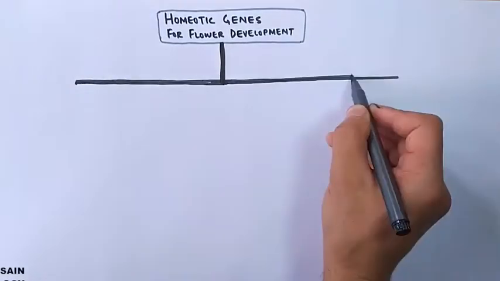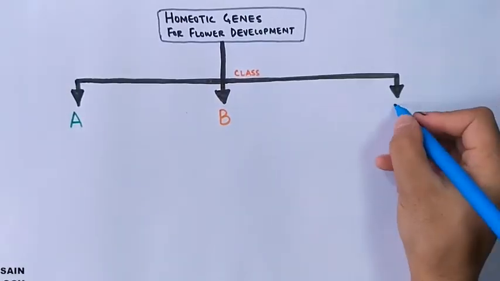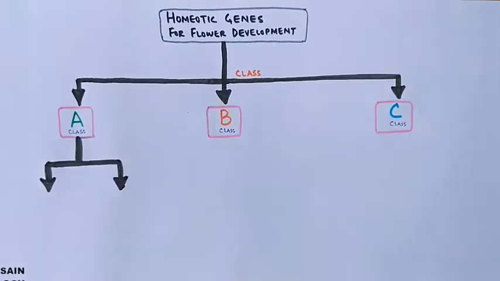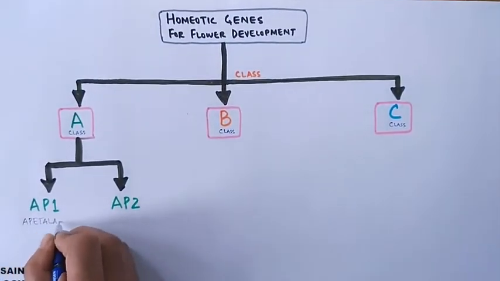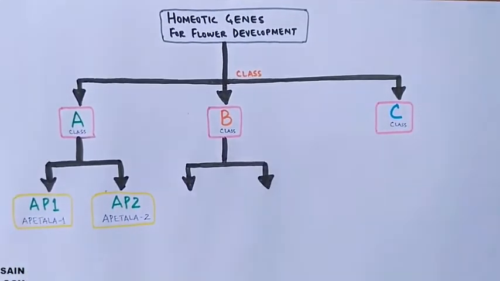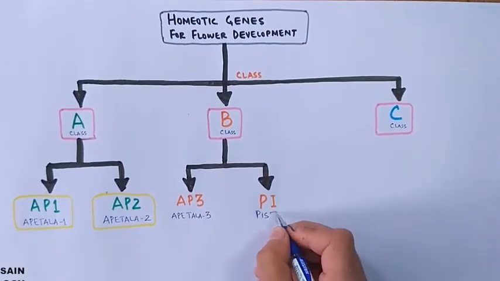We know there are three classes of genes that aid in the flower development, as we have already discussed these. A-class genes, B-class genes and C-class genes. The A-class homeotic genes comprises of two genes, AP1 and AP2, Apetala 1 and Apetala 2. Then B class comprises of also two genes, AP3 and PI, that's Apetala 3 and Pistillata gene.